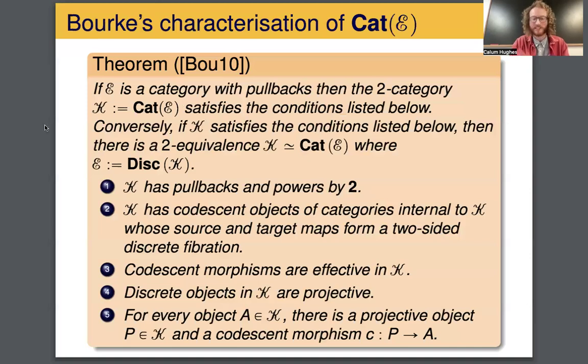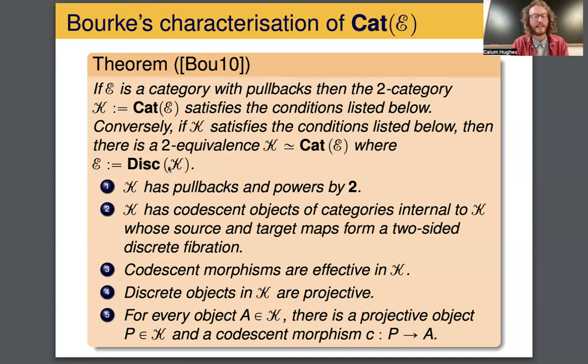There's this theorem in John's thesis that says if we have a category with pullbacks, then cat E satisfies these 5 conditions below. And conversely, if K satisfies these conditions below, then there is a 2 equivalence between K and some 2 category of internal categories, where this E is defined to be the discrete objects in K.